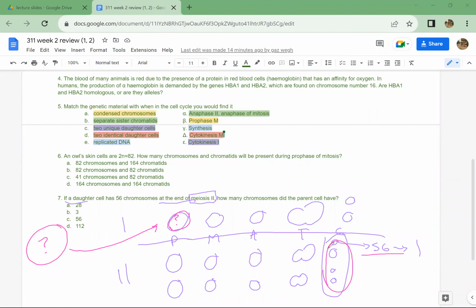So we had 56 here. Let's say that one little chromatid represents 56 chromosomes. There's 56 chromatids. So we had one here, which came from here and here. Within this cell that hasn't yet split into two, there are currently 2 times 56, so 112.